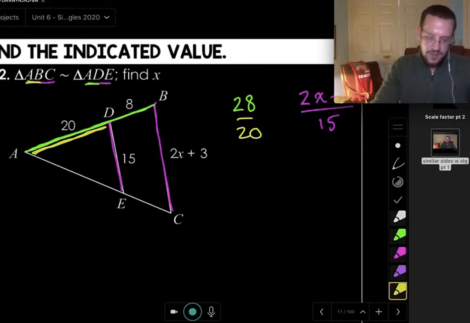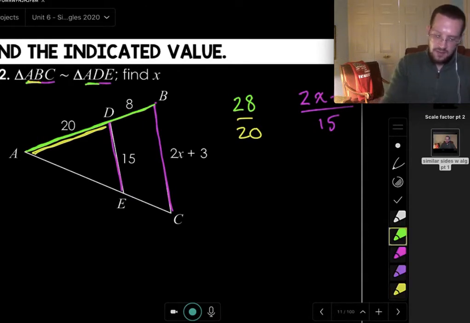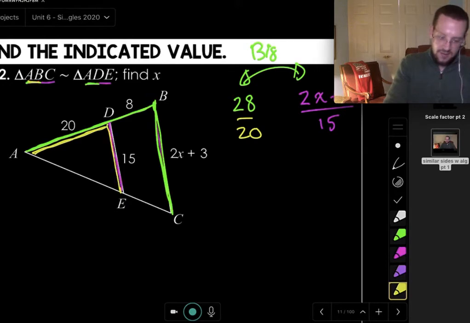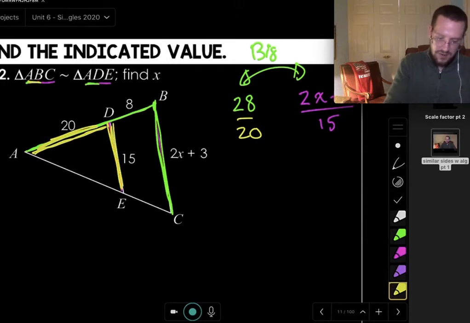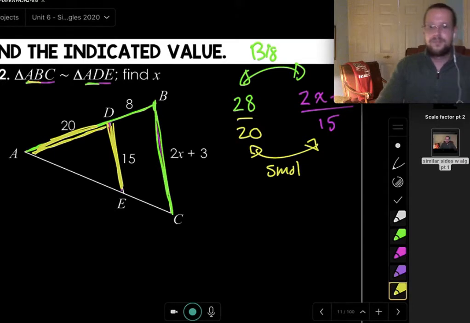Now, notice that 28 and 2x plus 3 are both part of the big triangle. Okay? And then we have 15, no, my bad, 20, yes, 20 and 15, and these are both part of the small triangle.